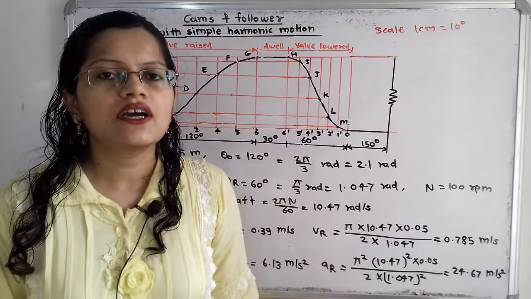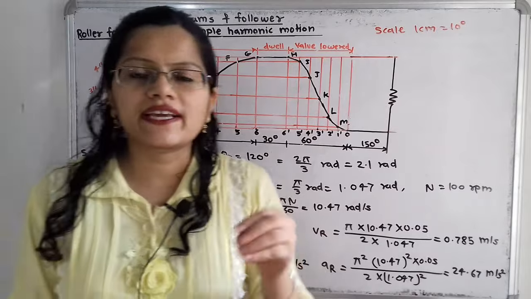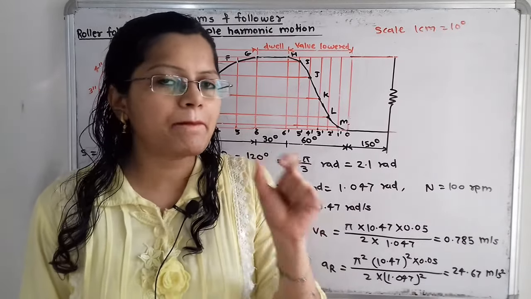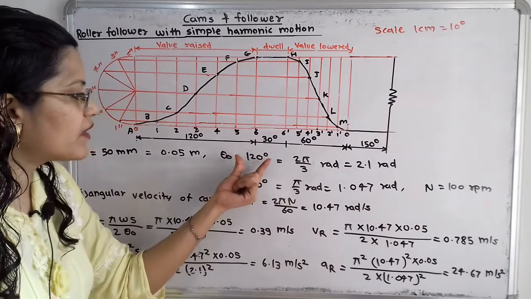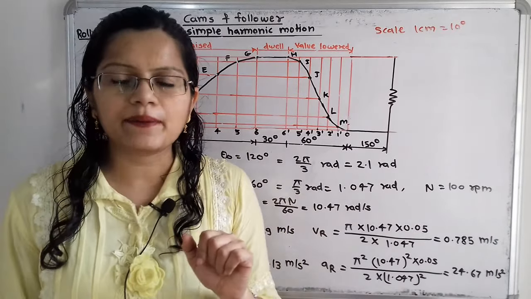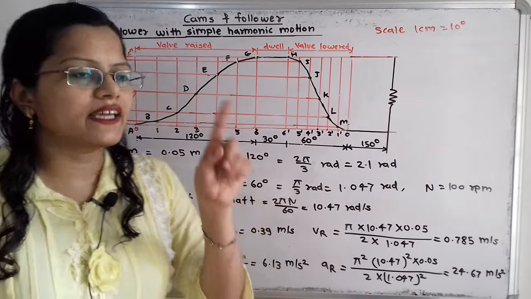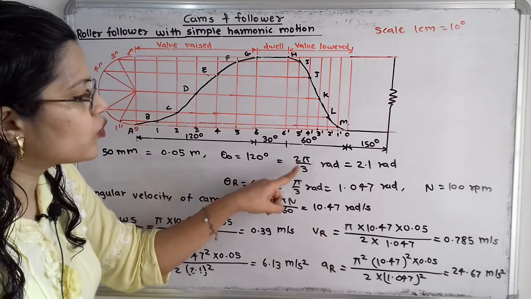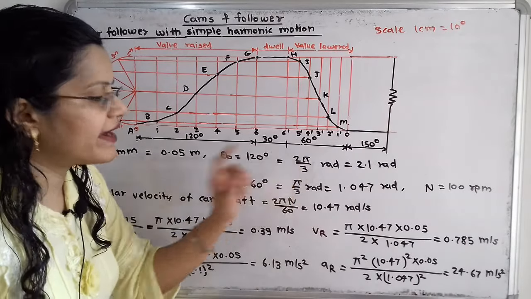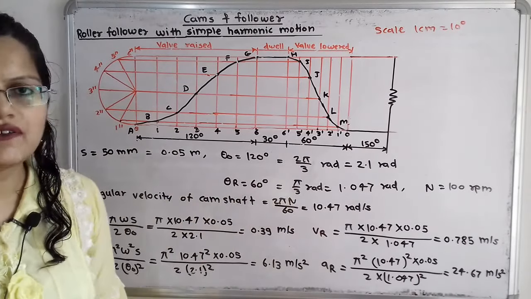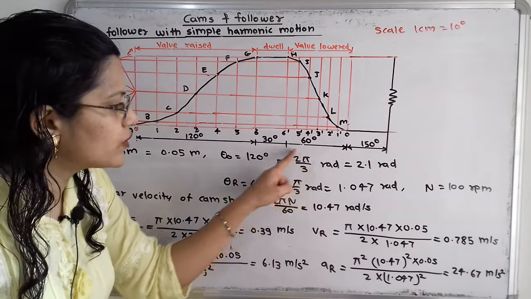How to convert it? We have to take this value in pi, and pi is equal to 180 degree. So how can we write this 120 degree in terms of pi? For this 180 degree, if we multiply with 2 by 3, that is 2 into 180 divided by 3, that is equal to 120 degree. So this is the value in radian.